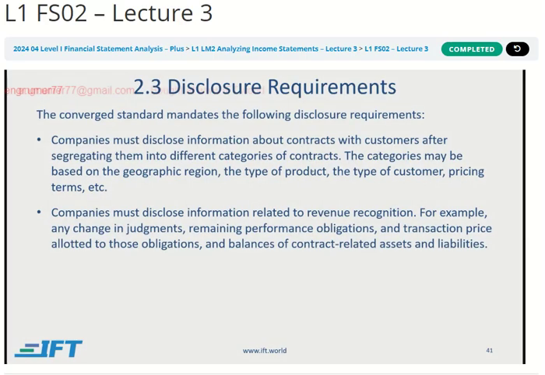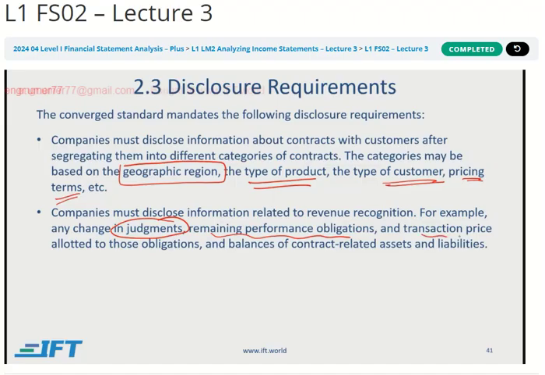So as an analyst, when you are studying a company's financial statements, you really need to get into the details and understand what the business is all about in that company: what are the different geographic regions, types of products, services, types of customers, any kind of terms that might be there. What are the judgments that the accountants are taking in terms of performance obligations?